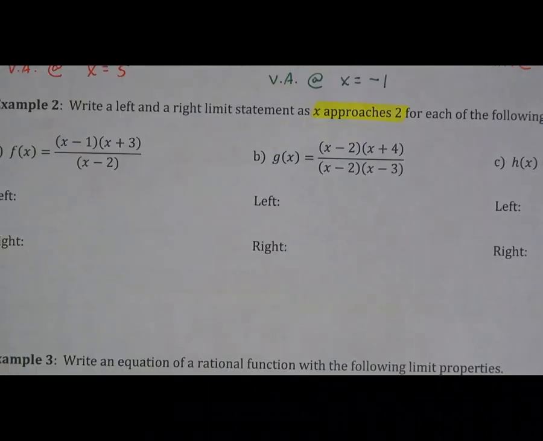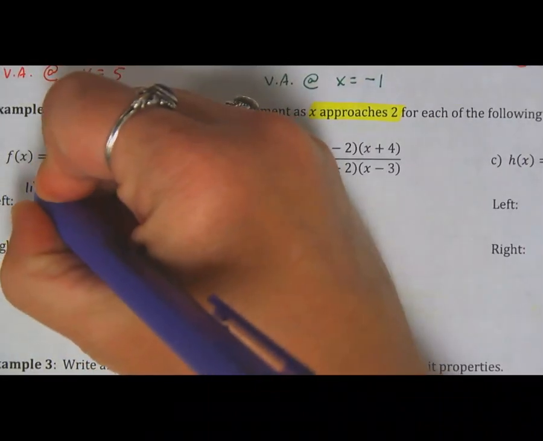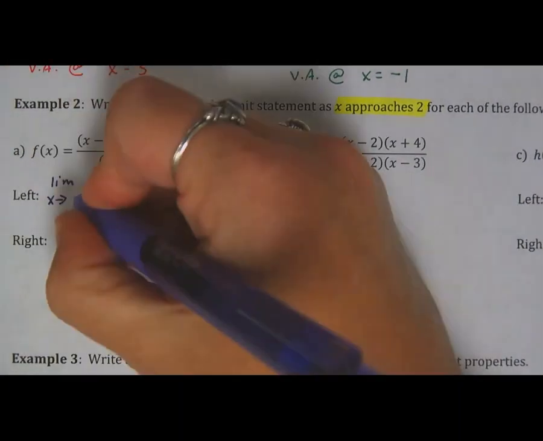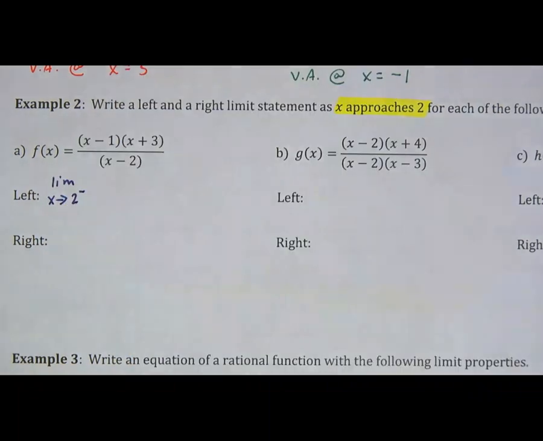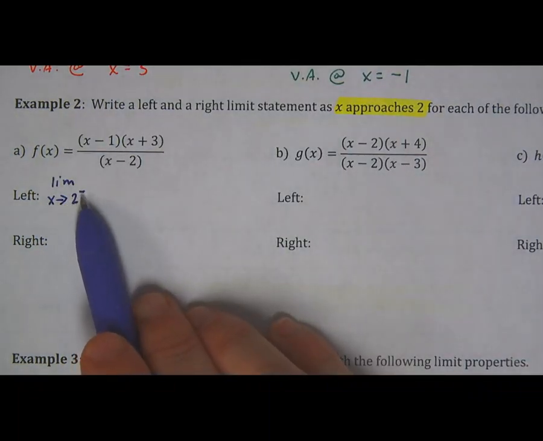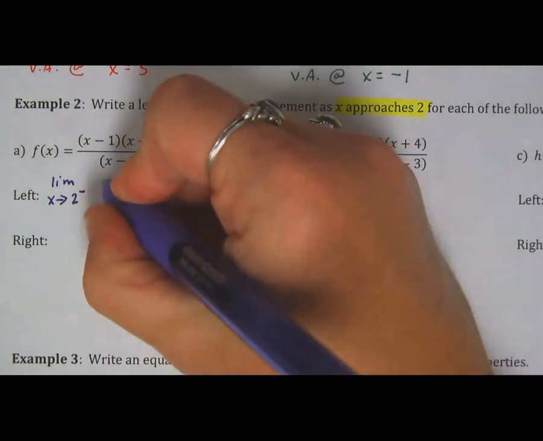So let's go ahead and get all of the limit statements set up. The limit as x approaches 2 from the left. Don't put negative 2. Put 2 and then put a negative symbol as a superscript of f of x.